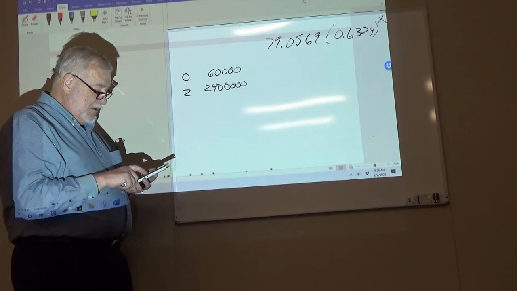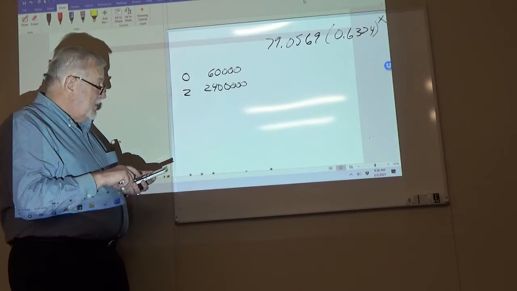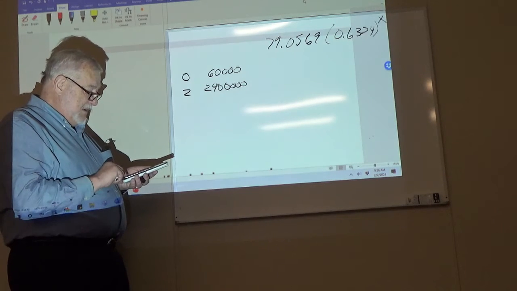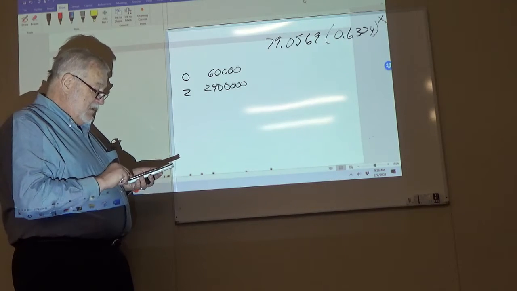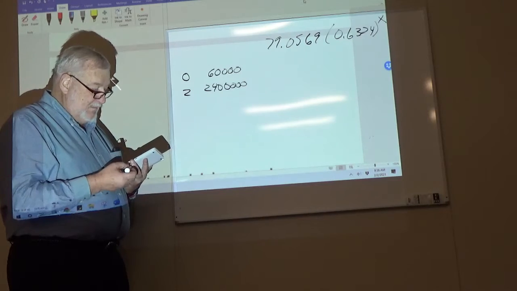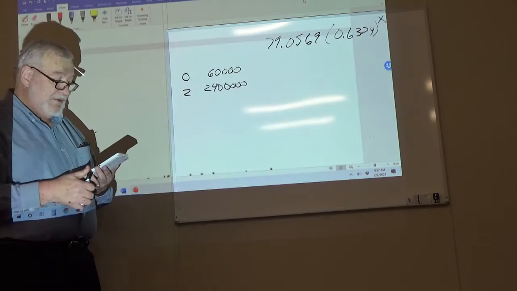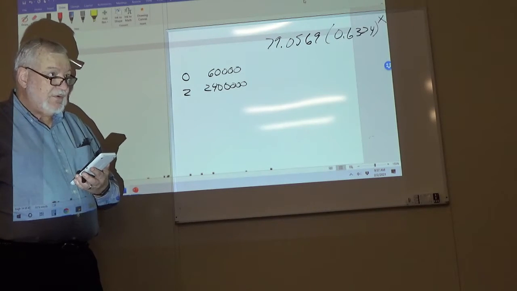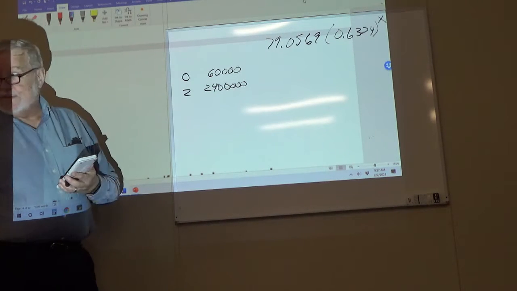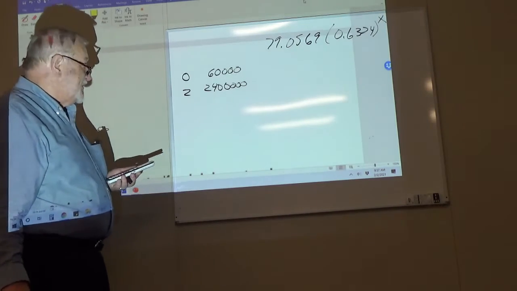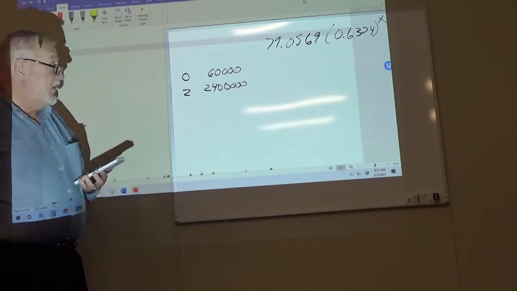Then 60,000 and 2,400,000. Notice my calculator changed the L2 number to scientific notation, 2e6, 2 times 10 to the 6th. That's one of the reasons I didn't want to do that, but it works out.